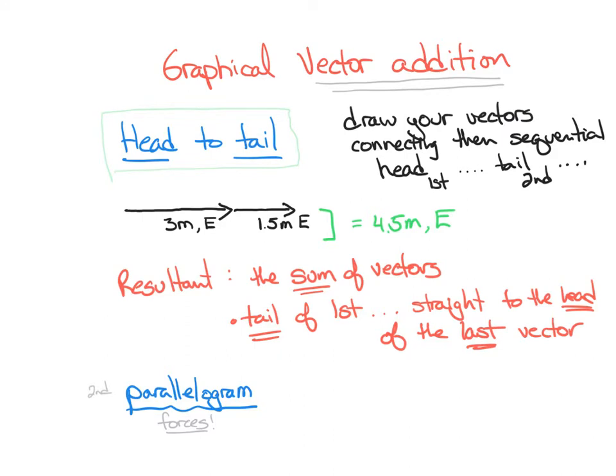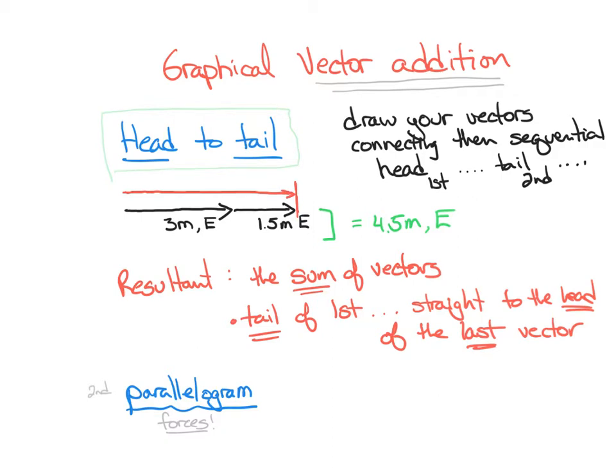So where's the tail of the first one? And we can clearly see that the tail of the first vector that I drew is back here. So I'm going to start my red pen, and I'm going to use a different color. I'm going to use contrast. And then, of course, I can see that the head of the last vector is way out here. So I'm going to draw a new vector straight from the tail to the head.